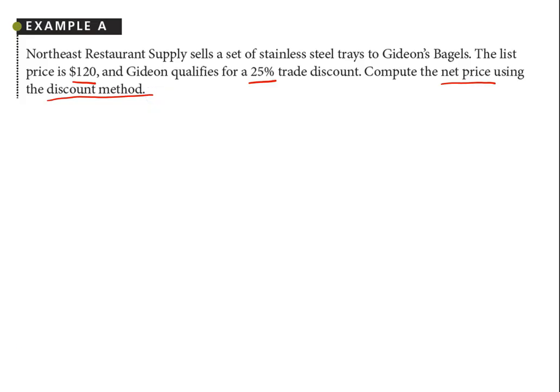The first thing I want to do is break down this word problem and list what is given to us. We have a list price of $120, and there's also a trade discount of 25%.